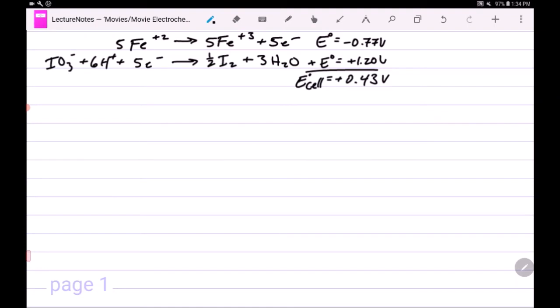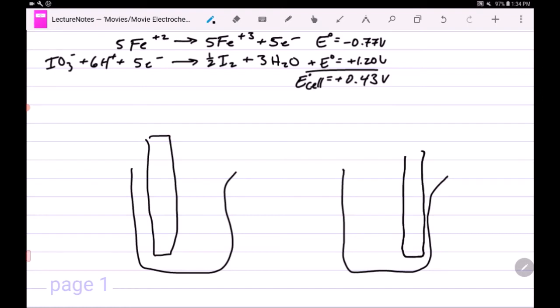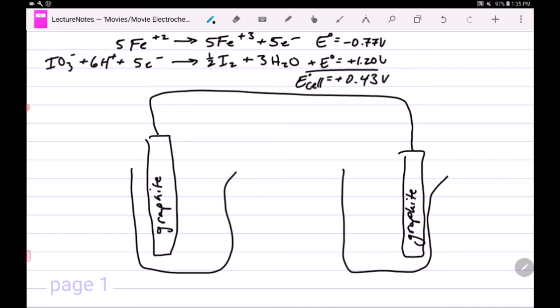Let's draw a galvanic cell for this. So let's get 2 beakers. If I used an iron electrode, it might interfere with the half reactions. So since there's no metal involved in this, let's just make both of these electrodes out of graphite. Graphite electrodes are nice because they conduct electricity, but they're pretty non-reactive.